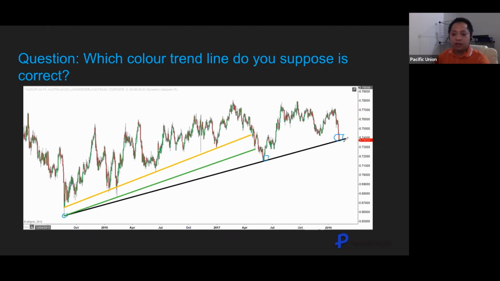Now the black one we could consider not yet validated because we could assume that the last bar is not yet done. It hasn't closed yet. But if it does and moved upward, right, then we could say it is a valid trend line. Okay?